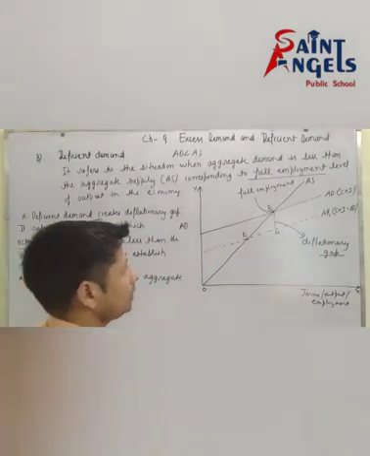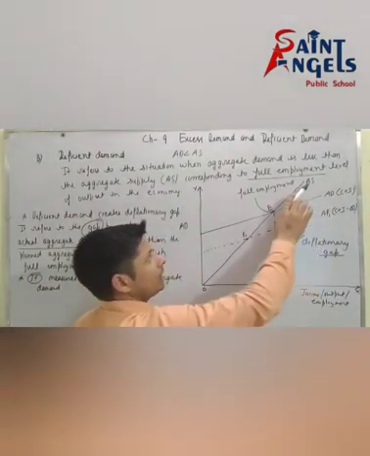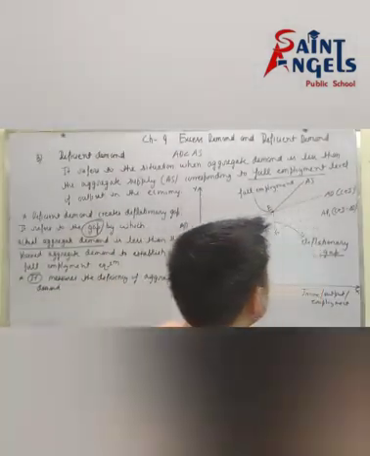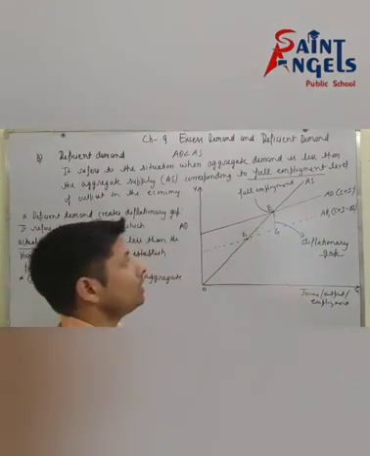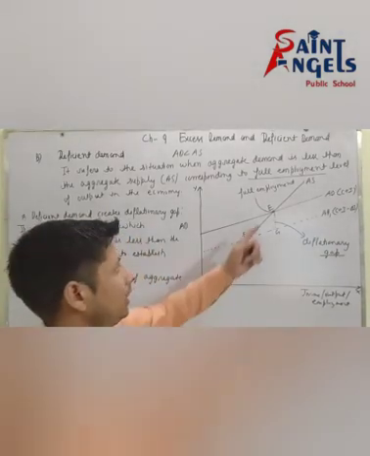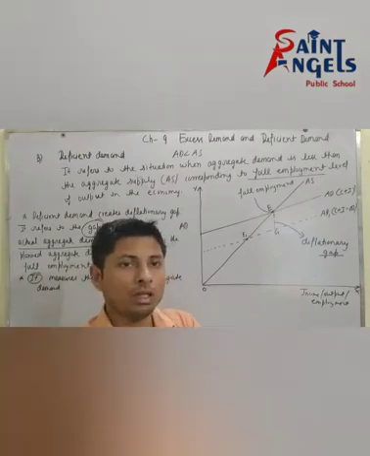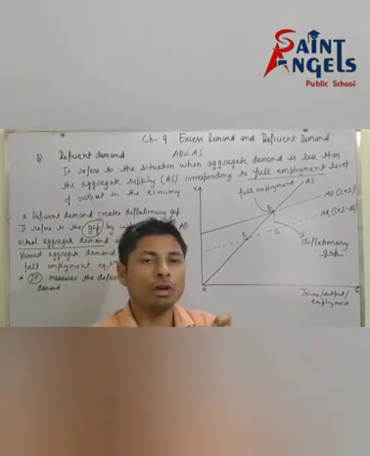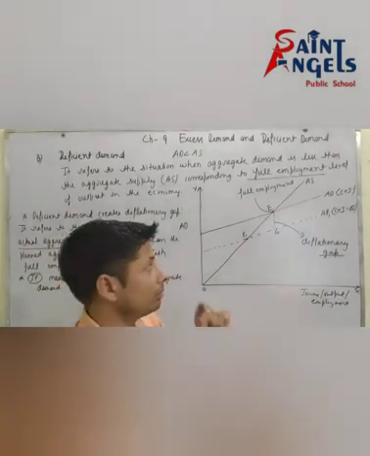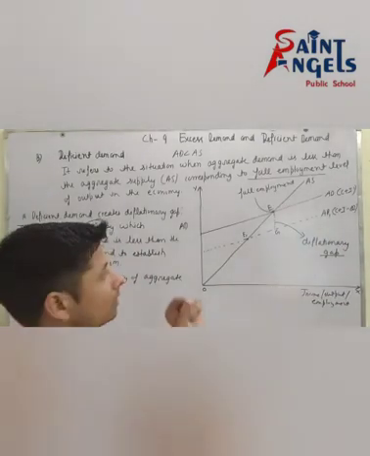I hope this is clear. After this, the aggregate demand and aggregate supply curves intersect each other at point E, and point E indicates full employment equilibrium.